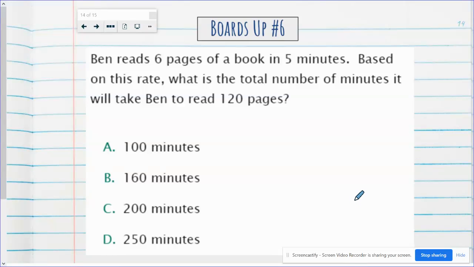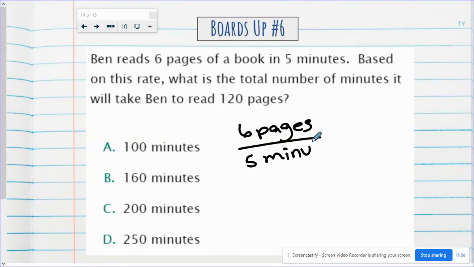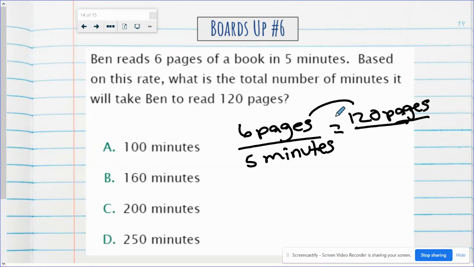Ben reads 6 pages of a book in 5 minutes. Again, whenever you get a piece of information, we're going to write it down. Based on this rate, what is the total number of minutes it will take Ben to read 120 pages? All right, so I want to go from 6 pages to 120 pages.